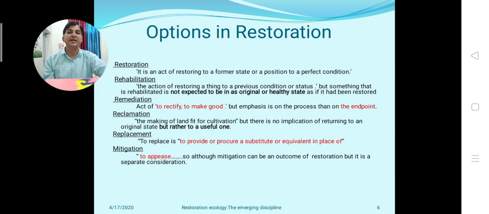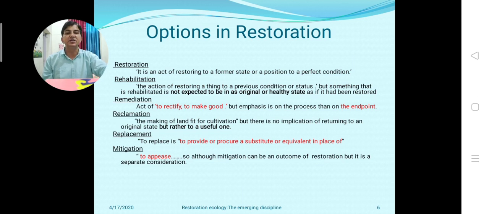Replacement, I think it is most appropriate, or it can be achievable. Replacement is simply to replace or to provide or procure a substitute or equivalent in place of. So it's a possible alternative option available in restoration. And then mitigation. Mitigation is a word often used when restoration is talked about.